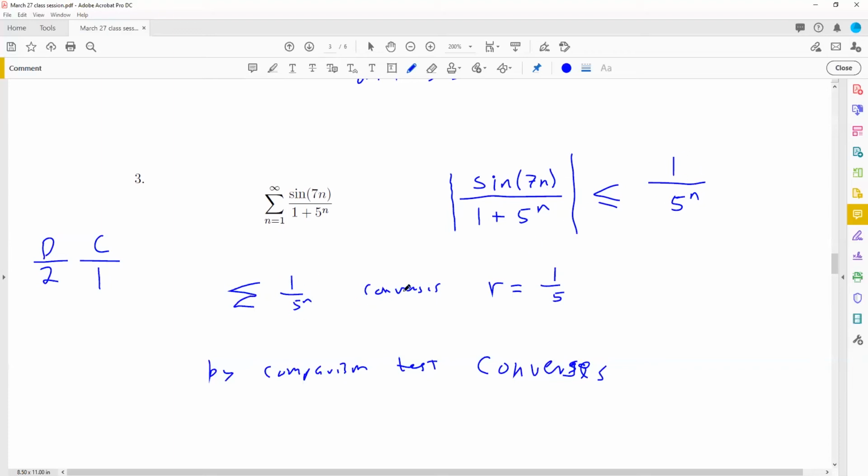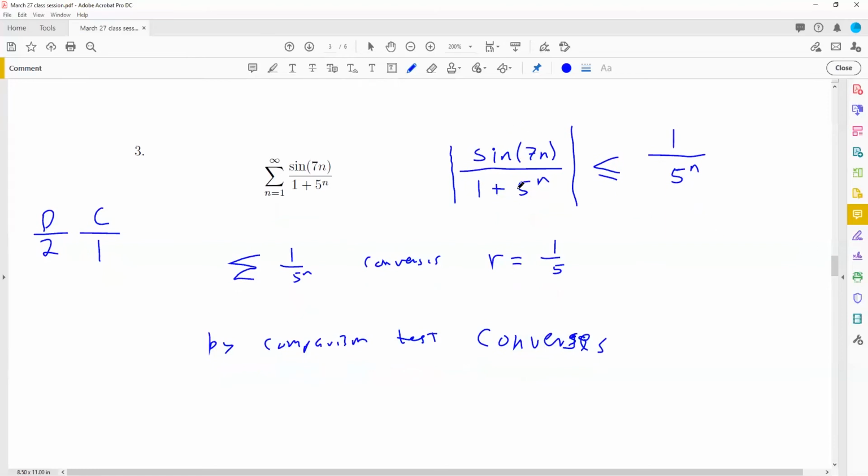So if this converges, then this will have to converge too. Now, if this diverged, then this would be inconclusive because we're saying it's less than or equal to something that diverges. Well, it can still diverge, okay? But if it's less than or equal to something that converges, then it's got to converge. And I'm using absolute values there, okay?